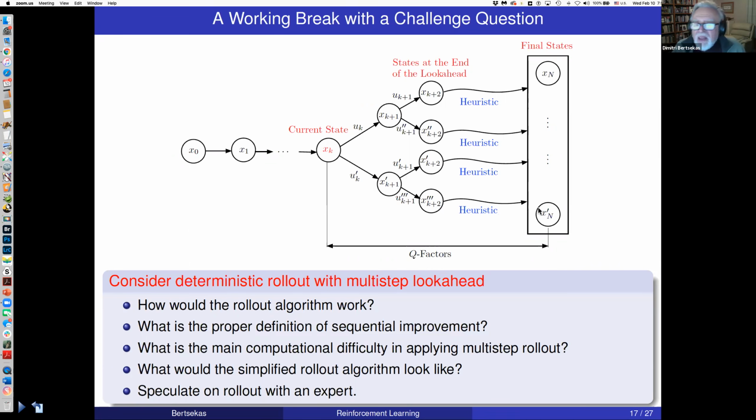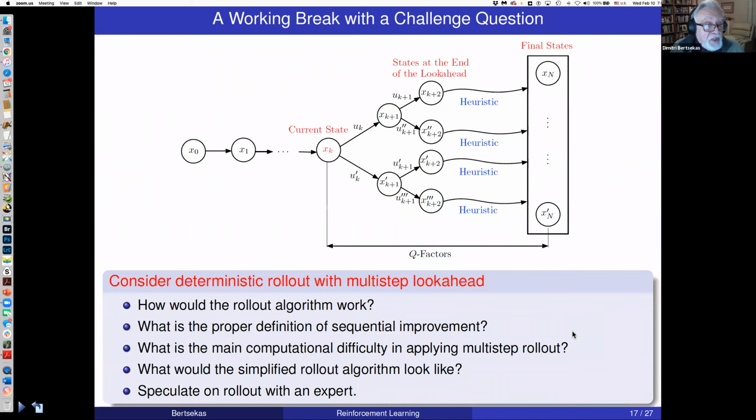So if you take this point of view and view multi-step look ahead as one-step look ahead, but with a different heuristic, then you can apply all the discussion for one-step look ahead to this particular context and get a lot of insight and answers this way. Does this make sense? Okay. Yeah.